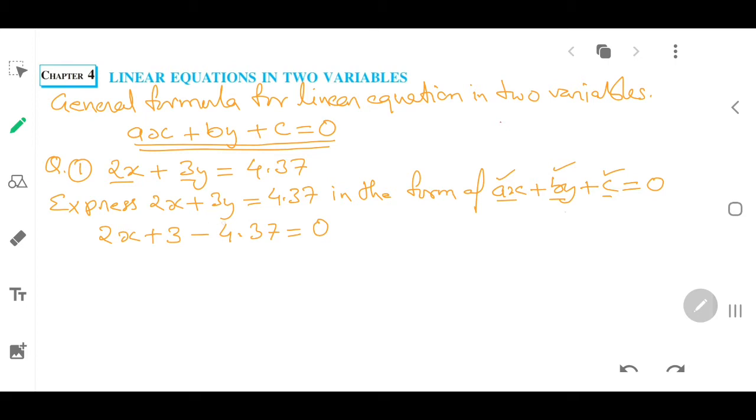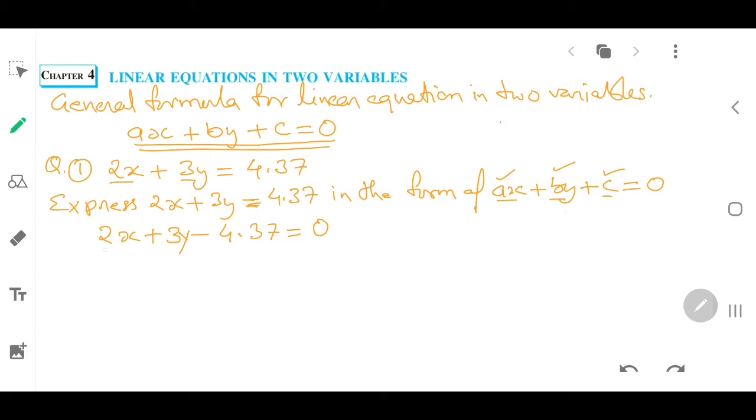So here the two variables are in twice x plus 3y. X and y are the variables that you already know. And what is c? C is the constant value. So the sign will change. Now it became minus 4.37, and that is equal to 0.